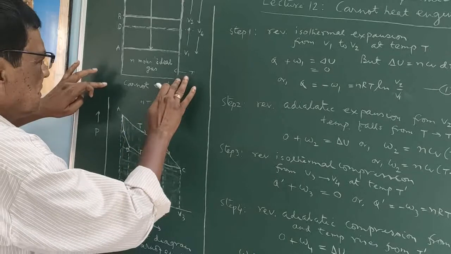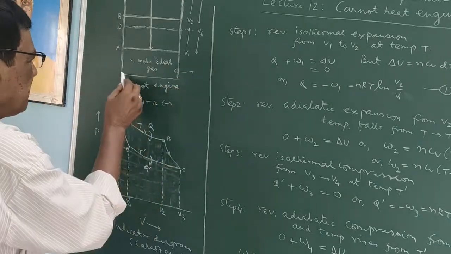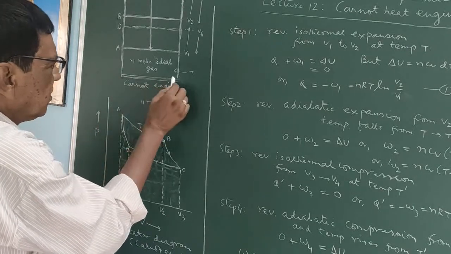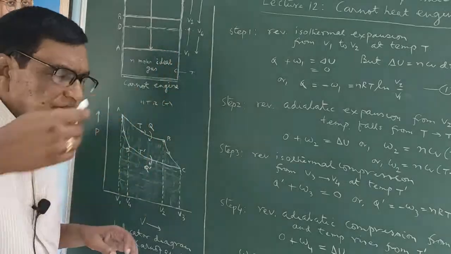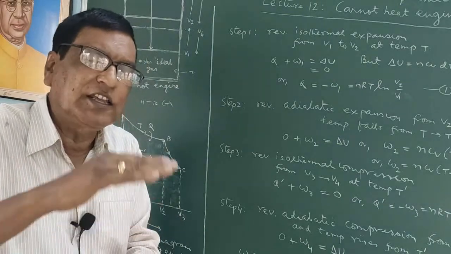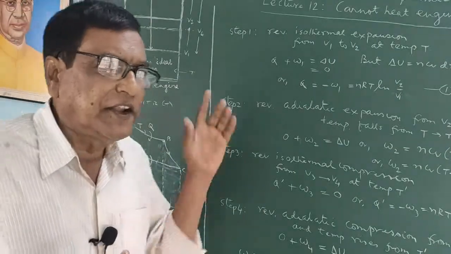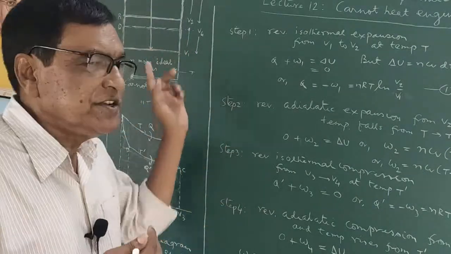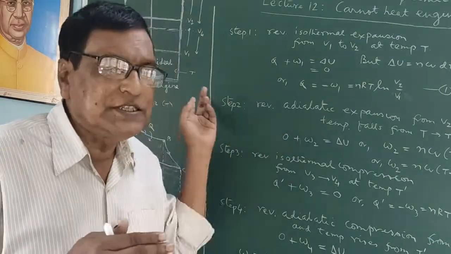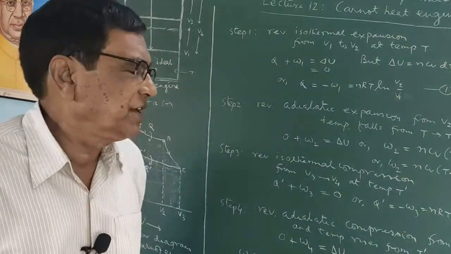This cylinder is removed from the HTR and insulated, kept over the insulated pad so that no heat can enter the engine or leave the engine to the surroundings.